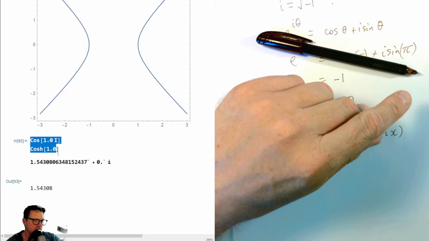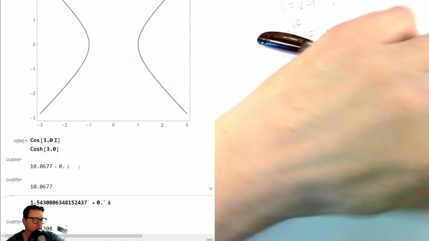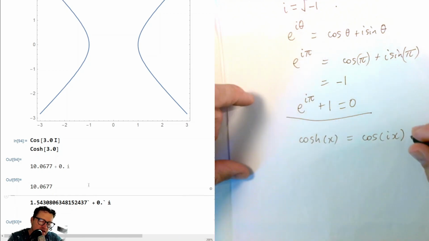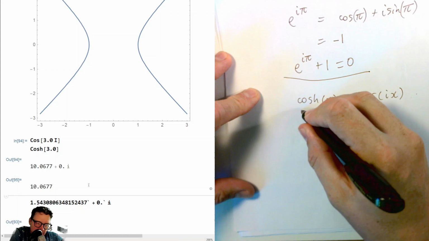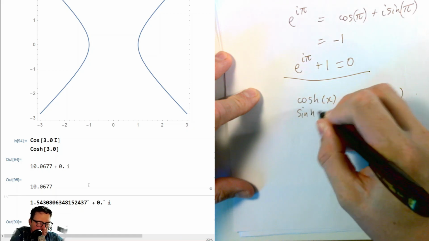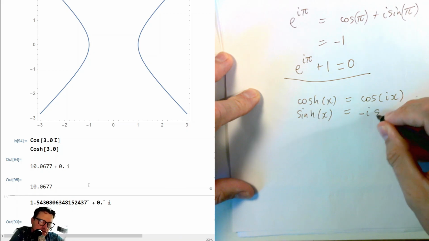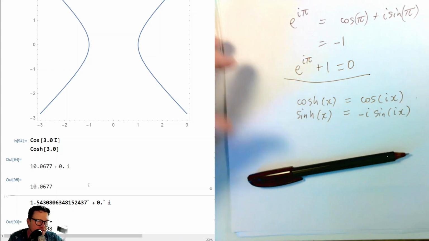And in general, they are the same, because if I change this to, say, 3, I'll get the same number again. Okay, so we have an identity here. Now, there is a similar identity for sinh. And I think it's minus i sin of i times x. But let's try this.